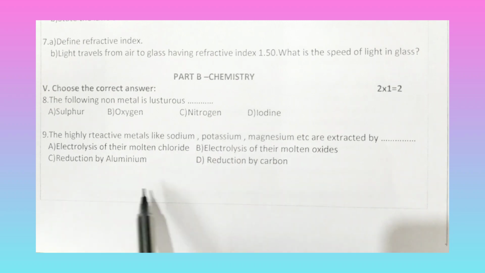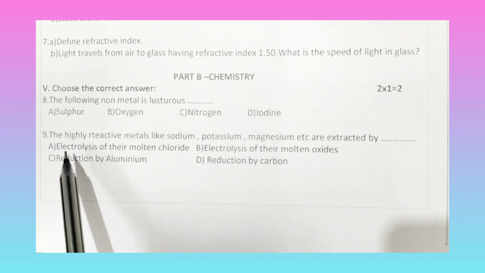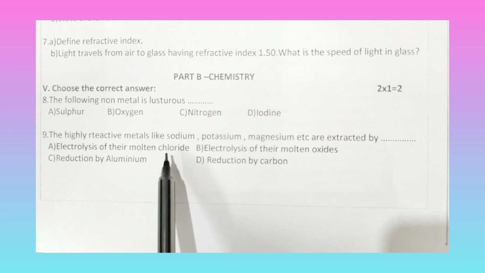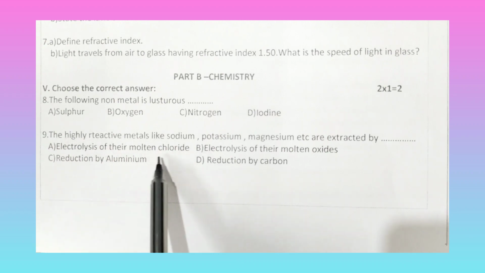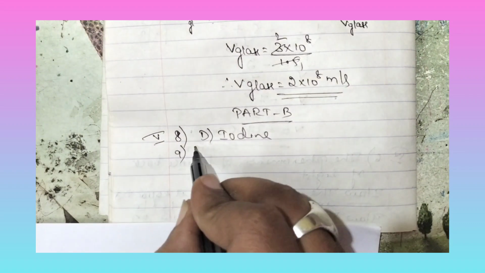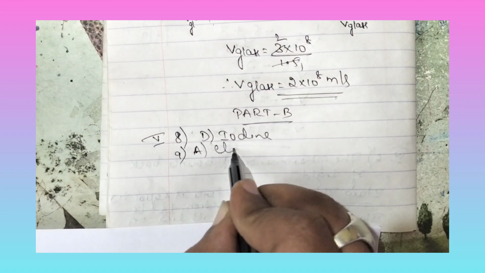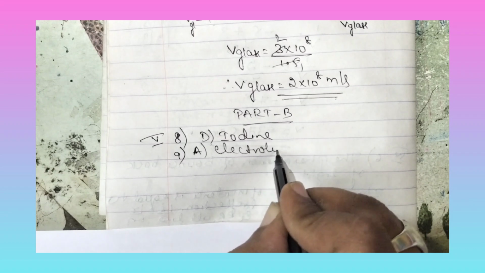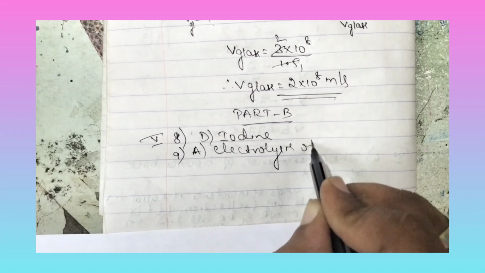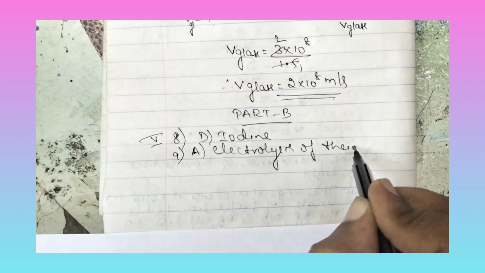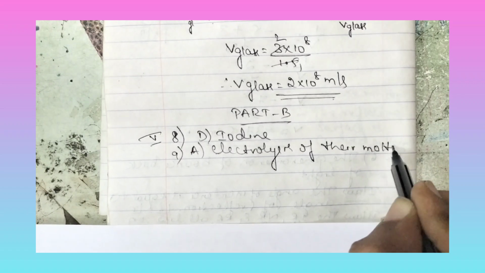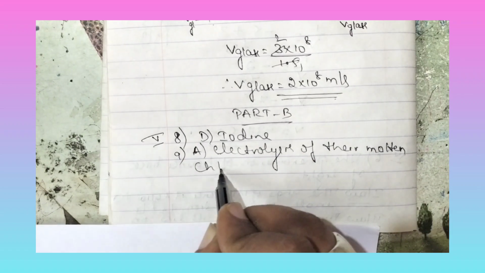Among these four options, the right option is electrolysis of their molten chloride. So for the ninth, the right answer is option A, electrolysis of their molten chloride.